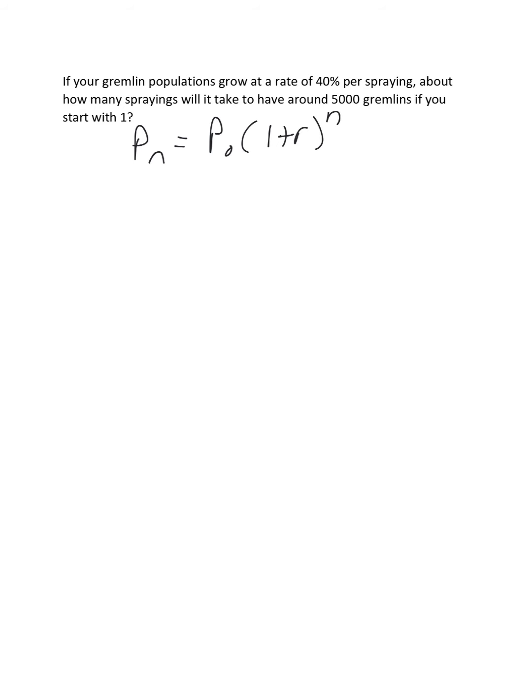Well, P sub n is what we end up with, which is 5,000, equals P sub 0, which was 1, times 1 plus, the rate is 40%, move the decimal 2 times, that gives you 0.4, to the n power.